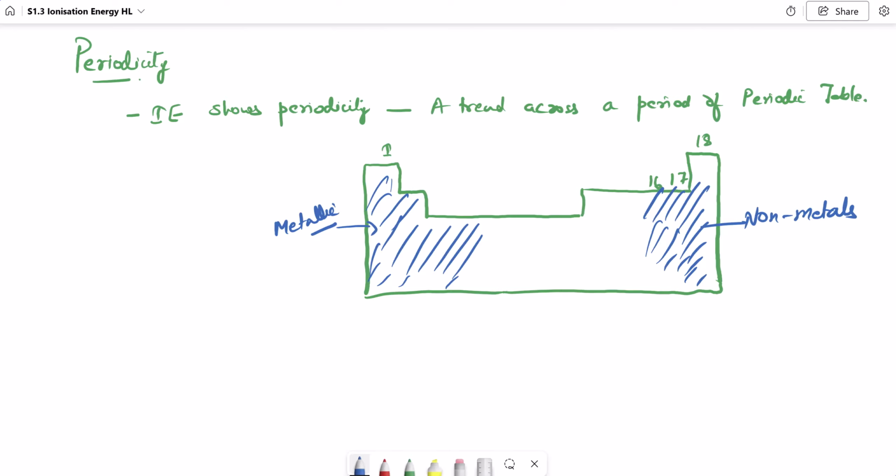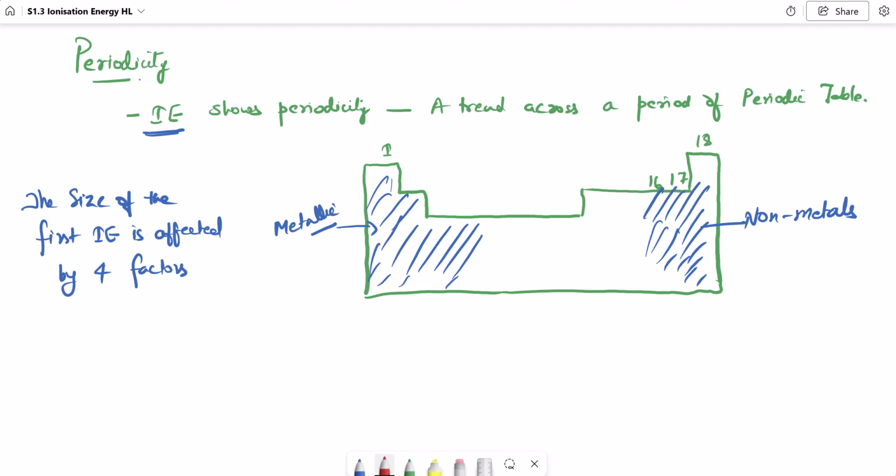Now the question is, if ionization energy is following a trend, what are the factors that control this? Let's discuss that. The size of the first ionization energy is affected by four factors. Number one, size of nuclear charge.